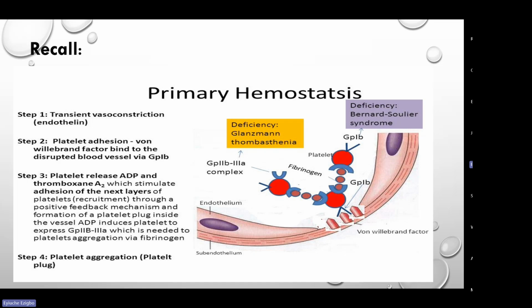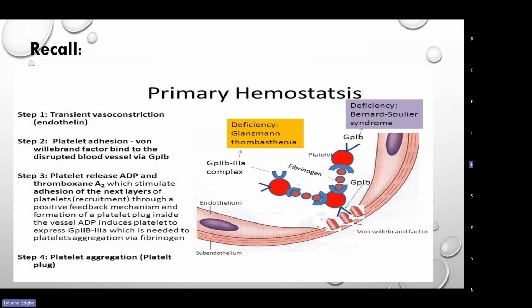Now we have another one, Bernard-Soulier syndrome, as a result of defect of the glycoprotein 1b complex. You now ask yourself, this defect of glycoprotein 1b complex will hinder which step? You go and remember what glycoprotein 1b does. Where is it involved in the process of primary hemostasis? It's involved in the adhesion process.